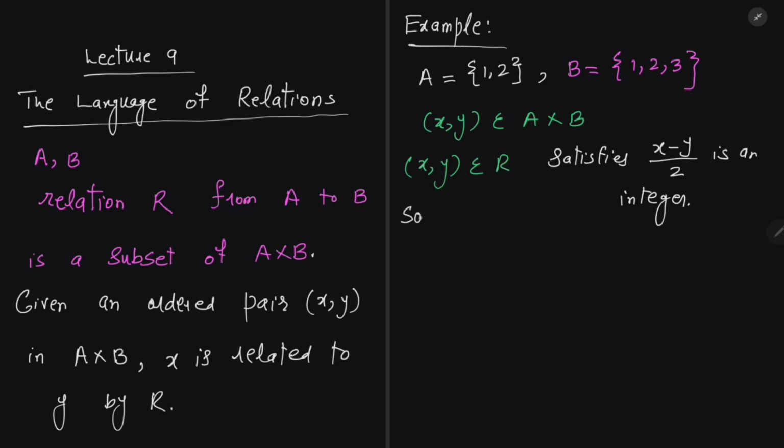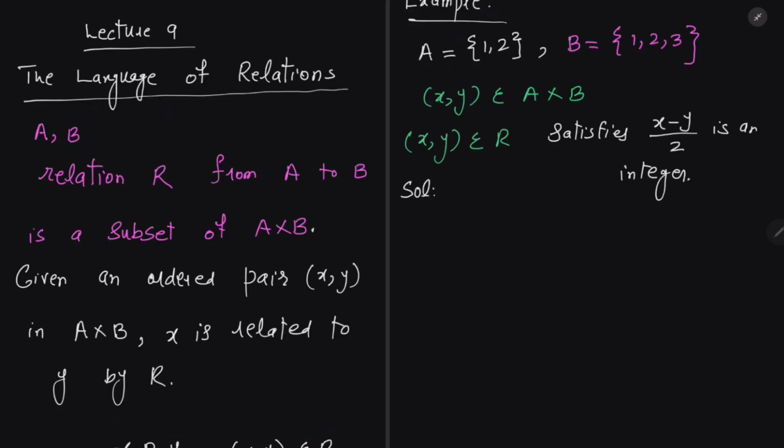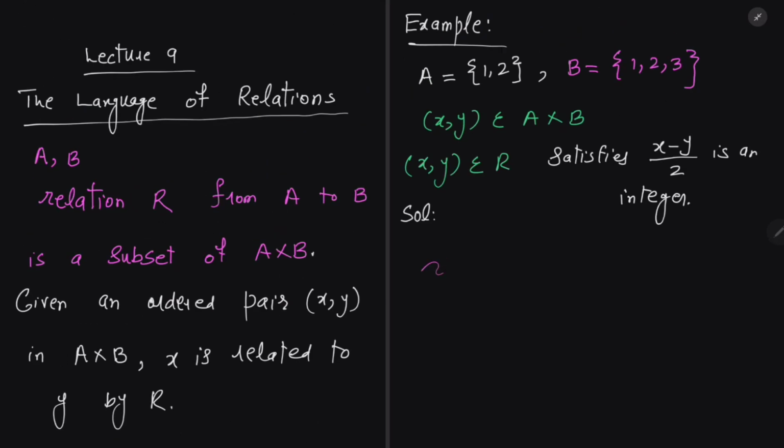Solution. First we need to find the Cartesian product A cross B, which is equal to 1 1, 1 2, 1 3, 2 1, 2 2, and 2 3.